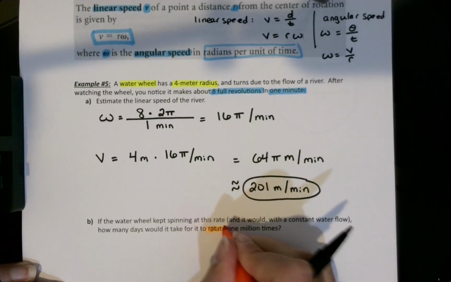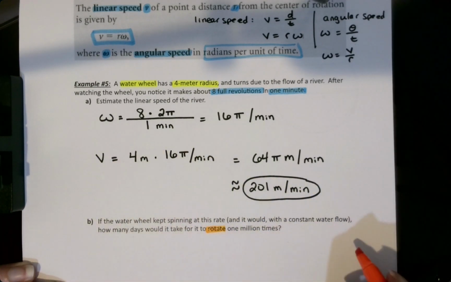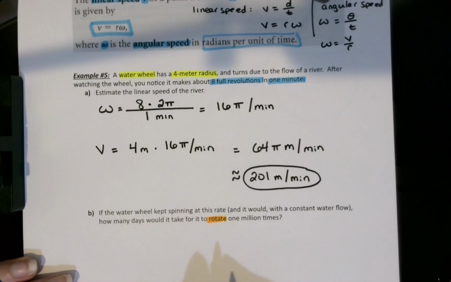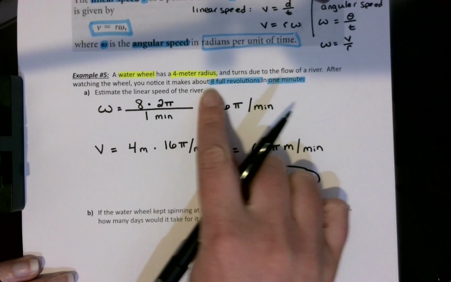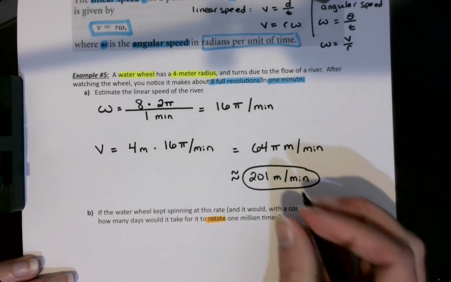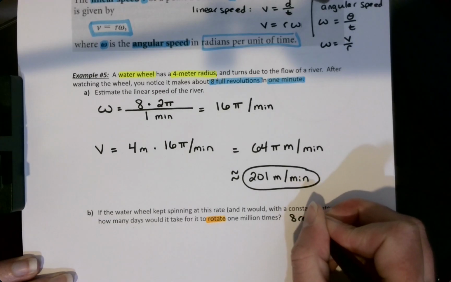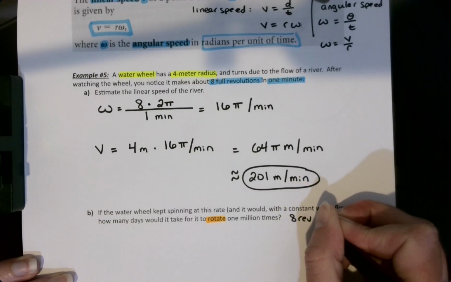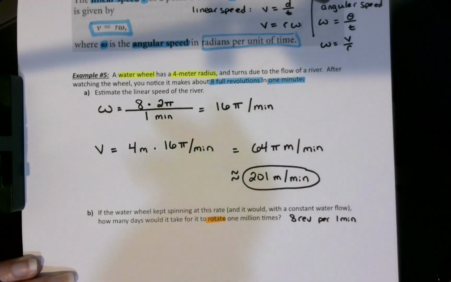So I'm not working from linear speed right here, since linear speed is about flat line distance, not rotational distance. So what I know about this is that it rotates 8 full revolutions in 1 minute. So we're going to go back to that information that we have, 8 revolutions per 1 minute.